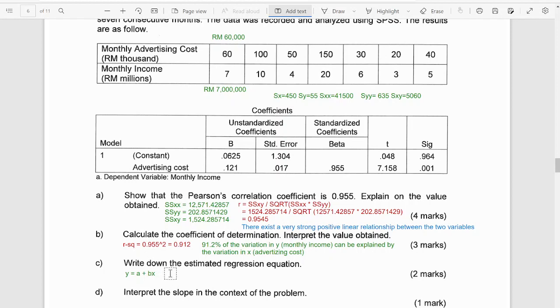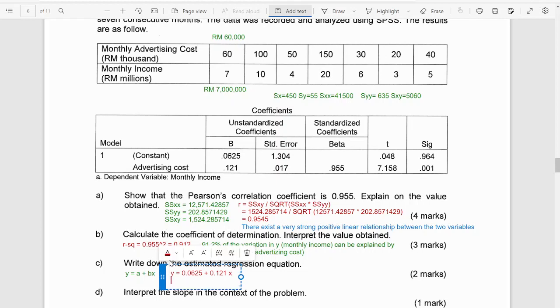So in this case, if you want to write the equation, y is equal to 0.0625 plus, because the b value is positive, so plus. If the b value is negative, then minus, right? 0.121x. Okay, so that is the regression equation.